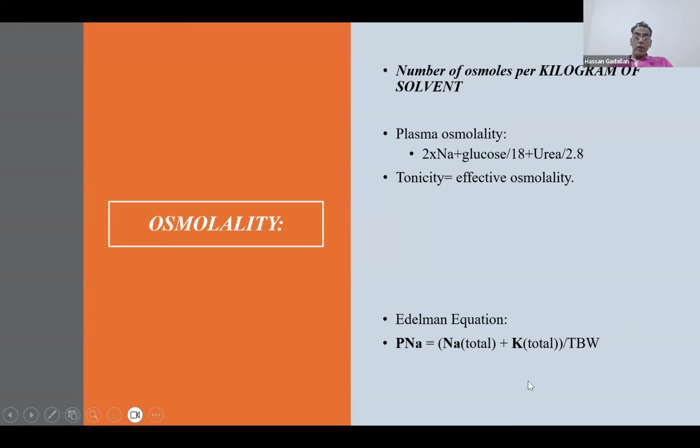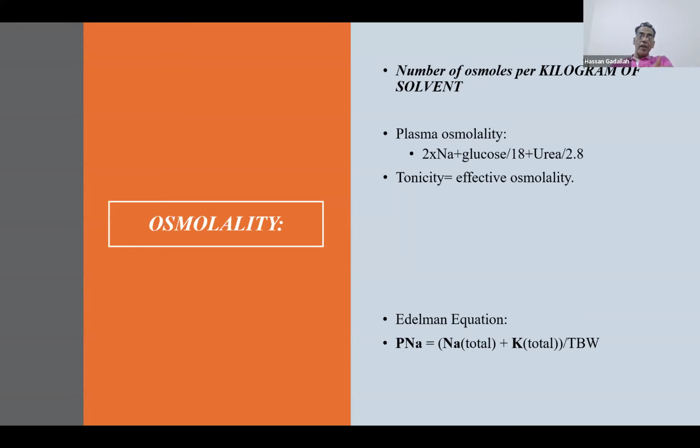And I'm going to remind you with this Edelman equation, which states that the plasma sodium equals the total exchangeable sodium plus total exchangeable potassium divided by total body water. And here we can notice that the plasma sodium can be affected by total exchangeable sodium and total exchangeable potassium, and is affected by total body water as well.